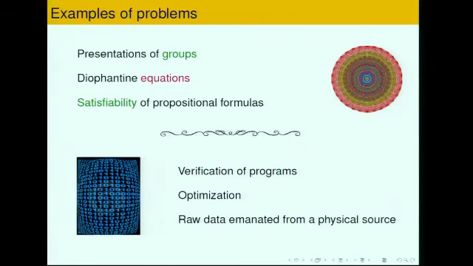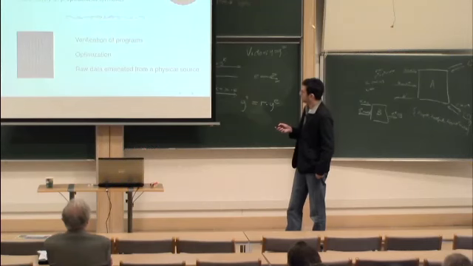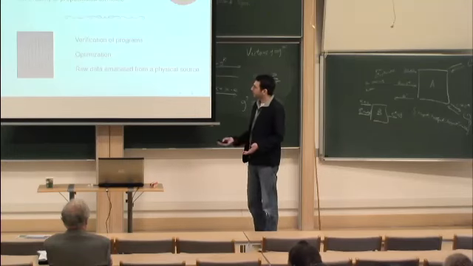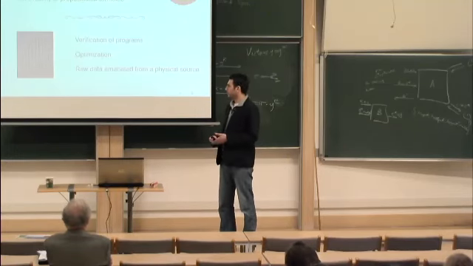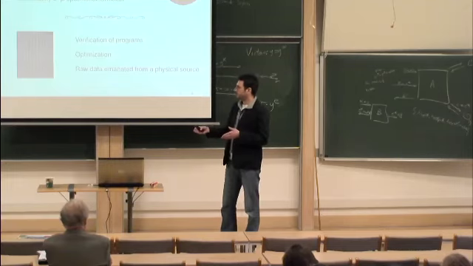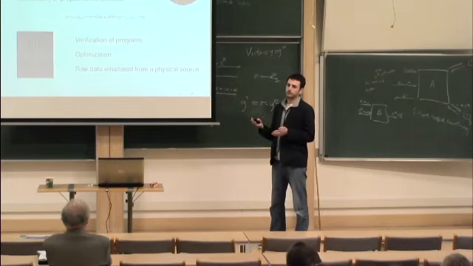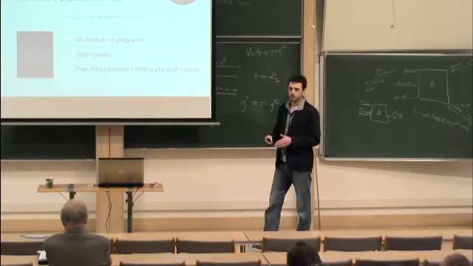Of course, there are many more problems like optimization problems, verification of programs, and so on. But in order to have a general theory, we may just look at some infinite binary string, even if we don't have a problem in mind associated with that string.